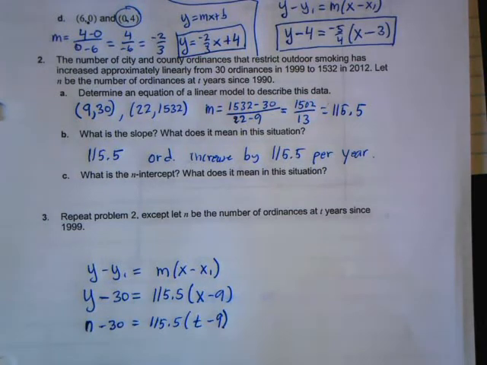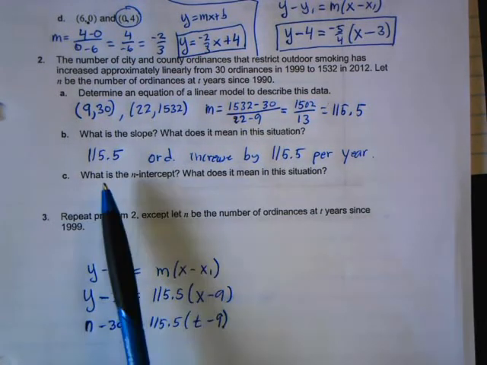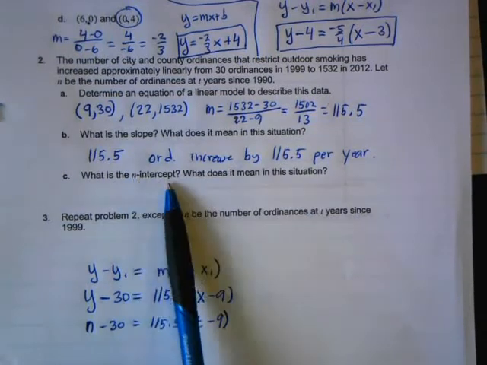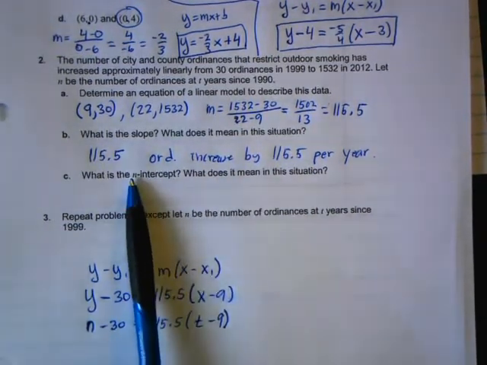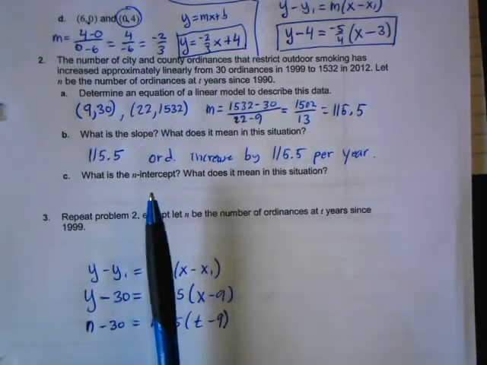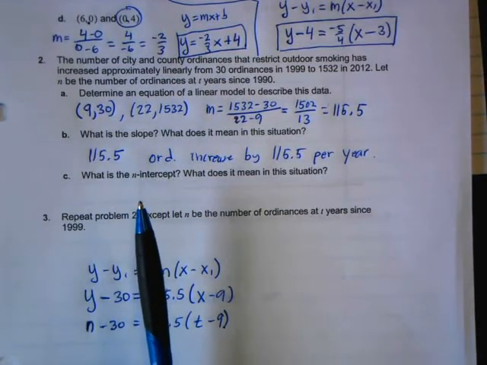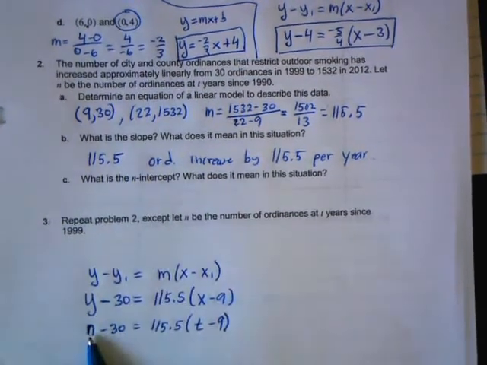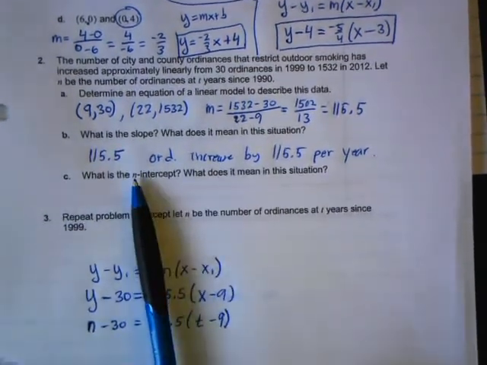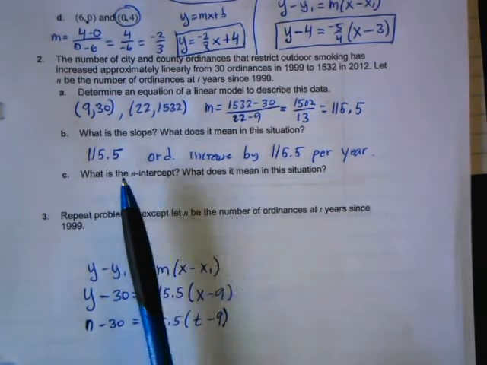All right, then my last question for the day, and I'm out of time. What's the n-intercept? Okay, how do I find n-intercept? Well, in this case, n is the same as the letter y, so it's really asking for the y-intercept. So how do you find y-intercept?